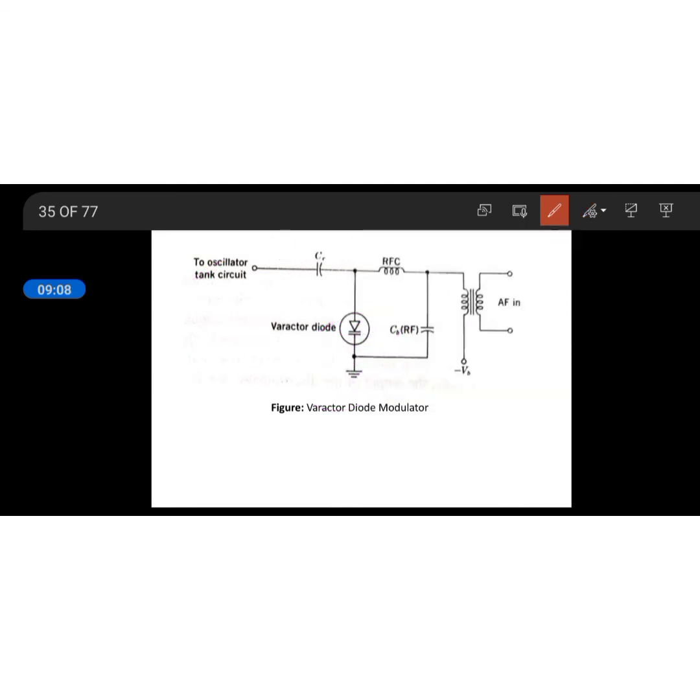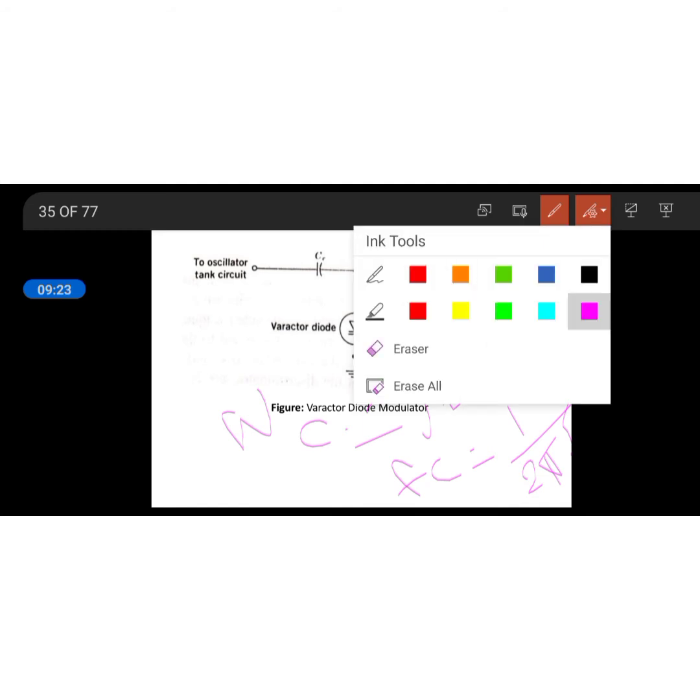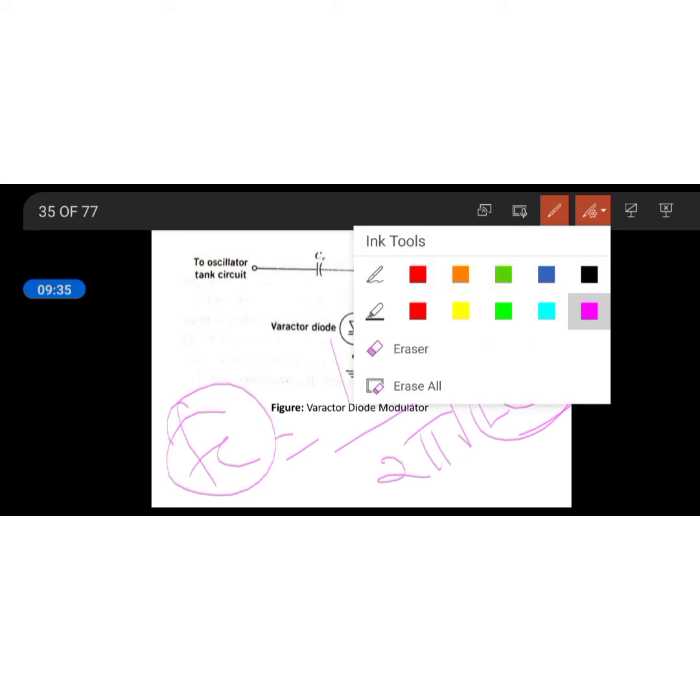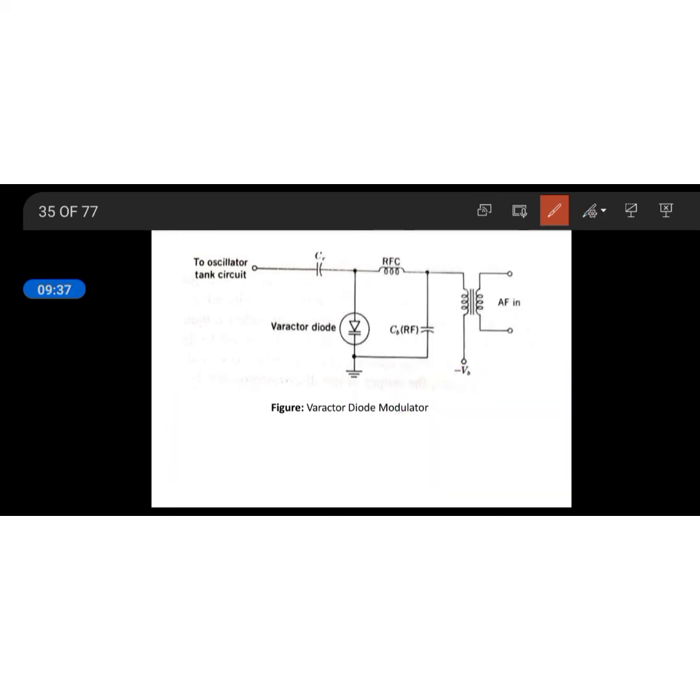So the frequency of oscillation is controlled by omega c equal to 1 by root LC, or otherwise fc equal to 1 by 2 pi root LC. So based upon the L and C value, we are finding the frequency of oscillation.